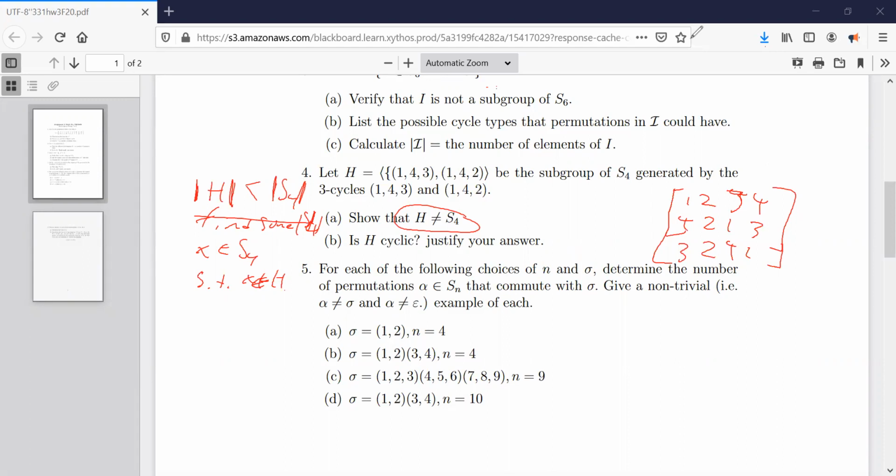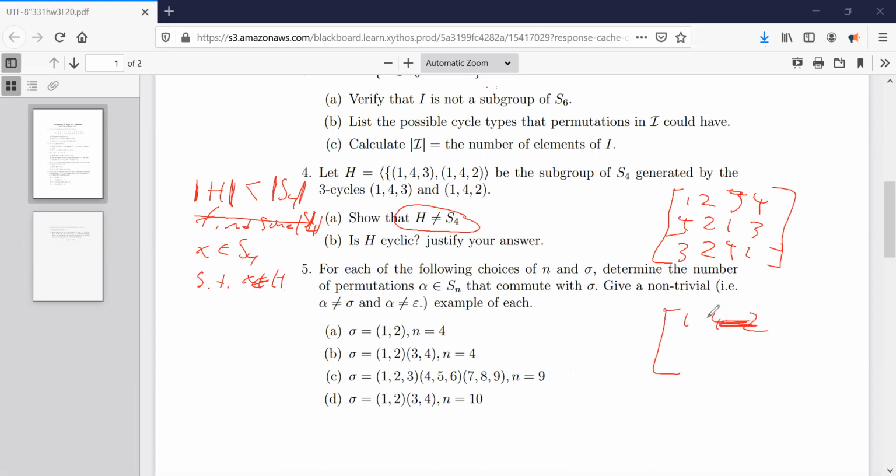You don't have to calculate that, right? Because if it's a 3-cycle, then when you compose it 3 times, it's going to get back to the identity. It's going to be the same thing with this guy. This guy is going to have 1, 4, 2.